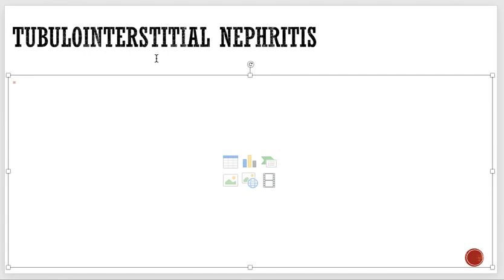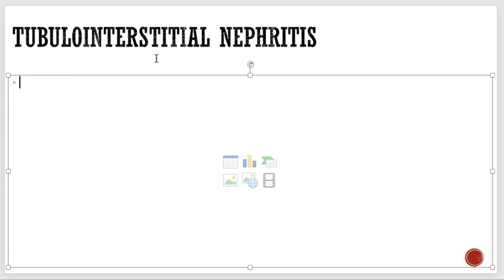What we have studied until now in nephrology is the nephron, which has different parts. The glomerulus part we have already covered. What is left is the tubule part and the interstitium. We had done glomerulonephritis, and now we are going to do tubulointerstitial nephritis.